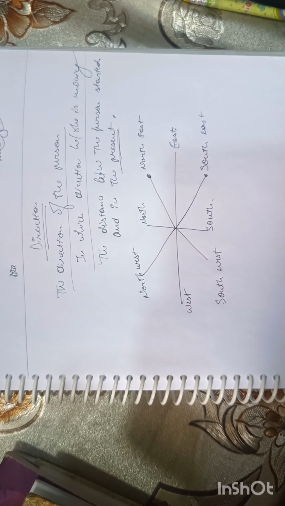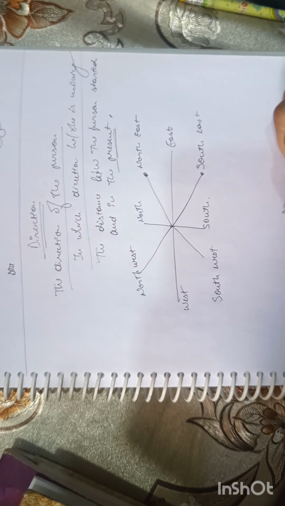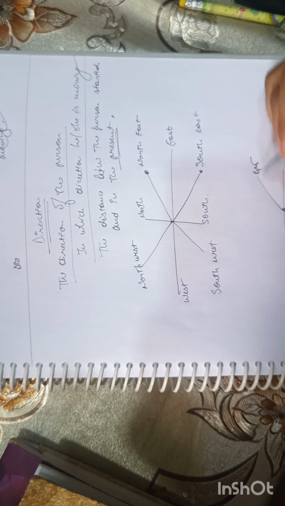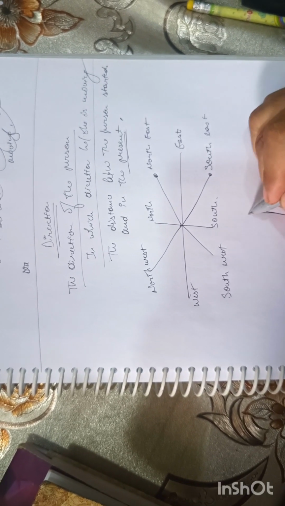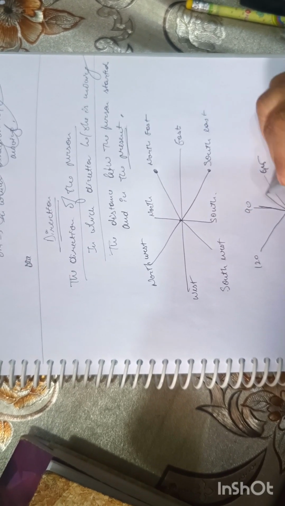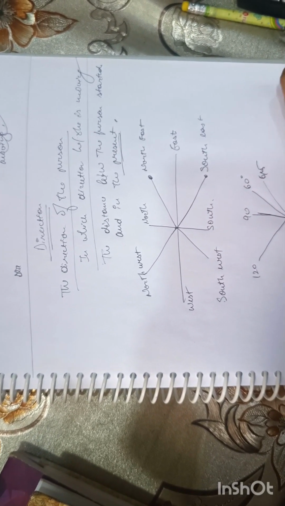Also, this is 180 degree, this is 45 degree, this is 90 degree, this is 120 degree, this is 60 degree. These are the main angles we have to know about this.